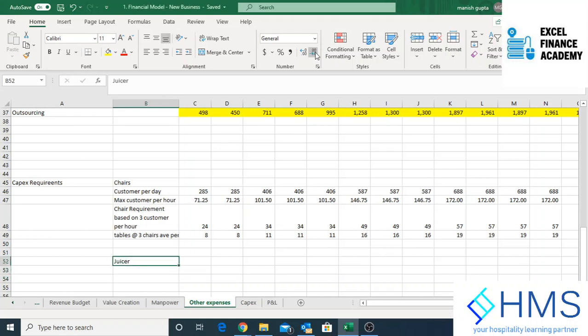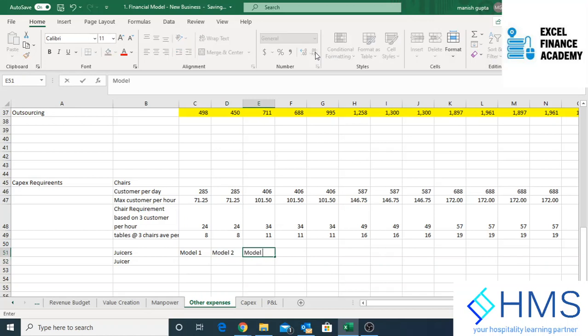There may be different capacities of juicers available in the market, with different prices. So juicer, model 1, model 2. How do we select the model, and how do we select the capacity? That's what we're going to learn now.